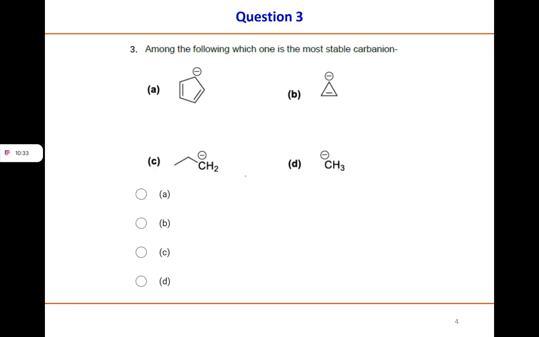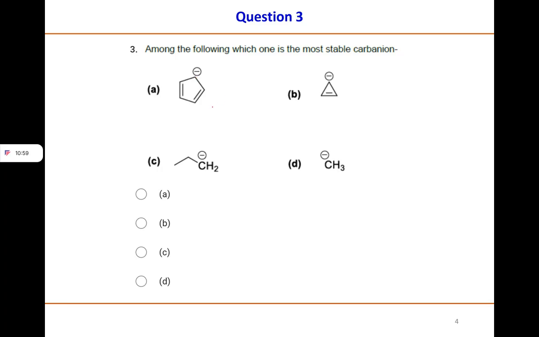So here we are going to talk about carbanion stability, but in this case we are not comparing tertiary, primary, and secondary, because here we have an aromatic ring system. Okay, we'll discuss one by one. So in this case we have 2 pi bonds, which means 4 pi electrons, plus this carbanion, that means a pair of electrons is here, right?